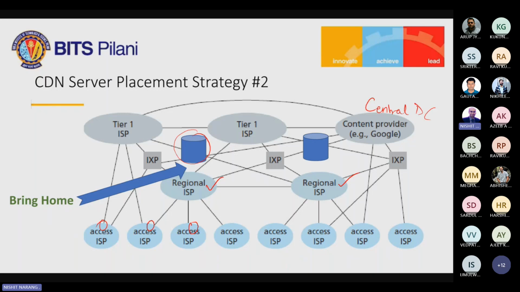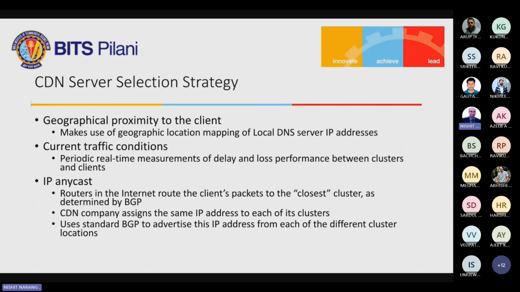the next thing that we said is user experience. How do I automatically service my subscribers without them having to select a particular mirror site? Right? So that's where the server selection strategy comes in. I've already placed my servers across the globe. Which server should I select to cater to a user?